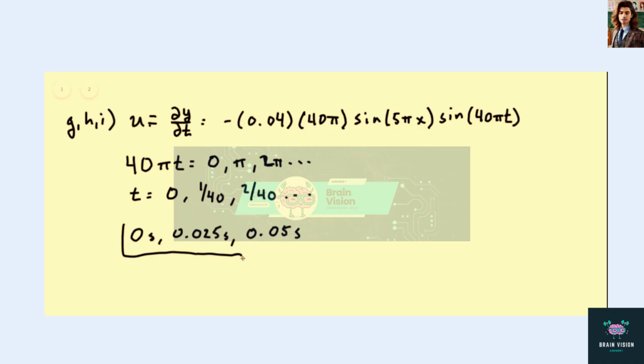And so those are the first 3 times at which everywhere on the string the velocity, or the transverse velocity, is 0. And so this is all we need to find.